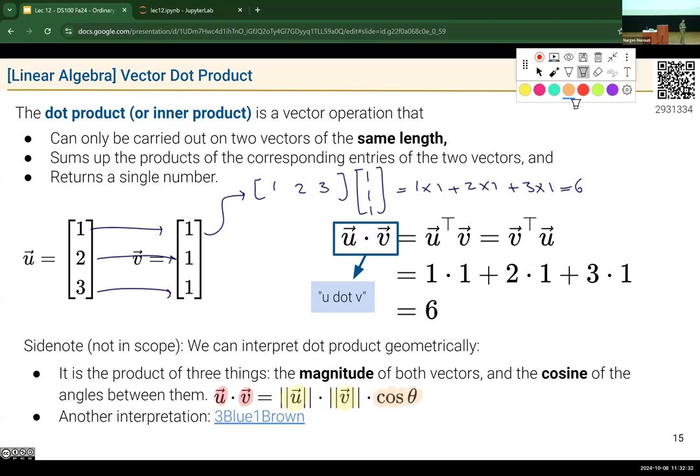I'm going to talk about why that's going to be helpful, but just take that without proof from me: you can think about the dot product between two vectors as being the length of one vector times the length of another vector times the cosine of the angle between the two.